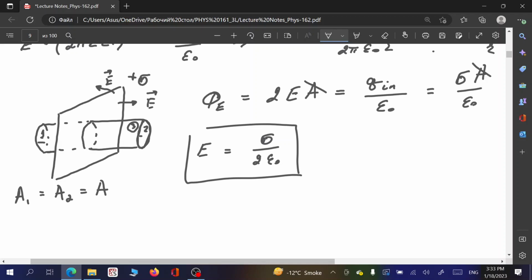At any point, it doesn't matter what shape the conductor is, it could be an arbitrary shape. If it is under electrostatic equilibrium, then the electric field is always perpendicular to any small element of its surface.